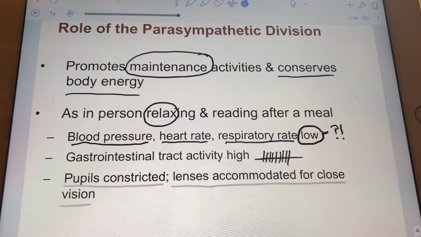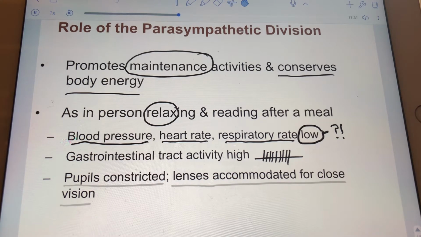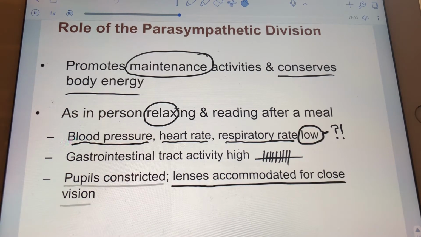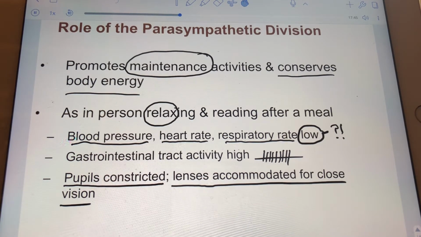Okay, and the parasympathetic nervous system also innervates the lenses and changes their shape to best accommodate or make them best suited for close vision. Close vision. Okay, the parasympathetic nervous system innervates the muscles that constrict the pupils, narrow down their diameter.